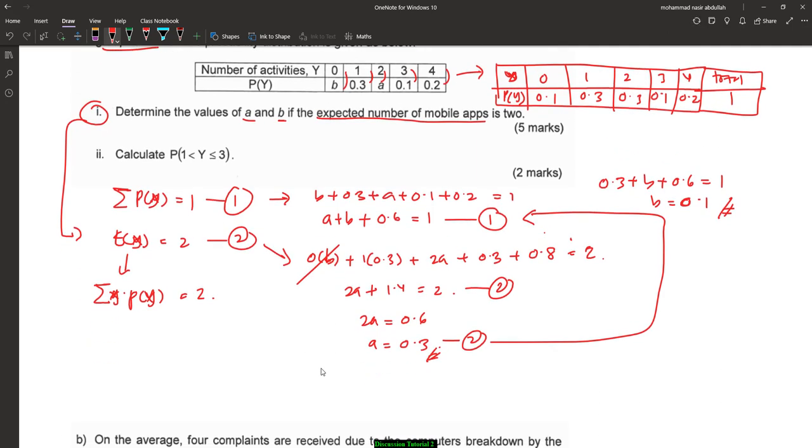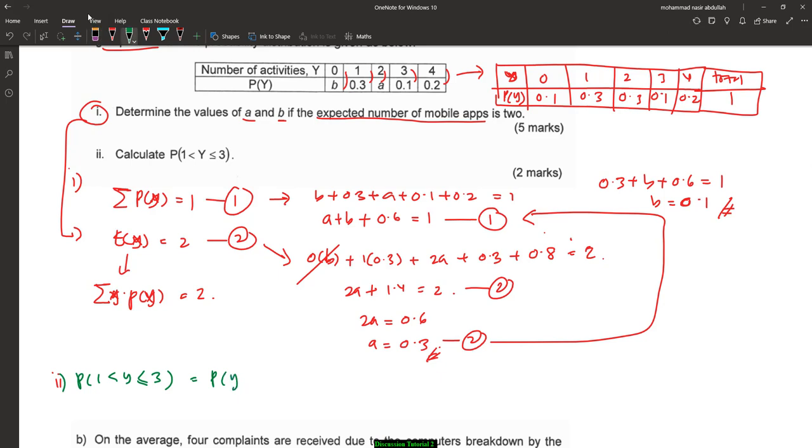So number 2, this is number 1. Number 2. So we want to find probability of 1 less than Y inclusive 3. So this one should be probability of Y, Y again. You need to be very careful using the term random variable.